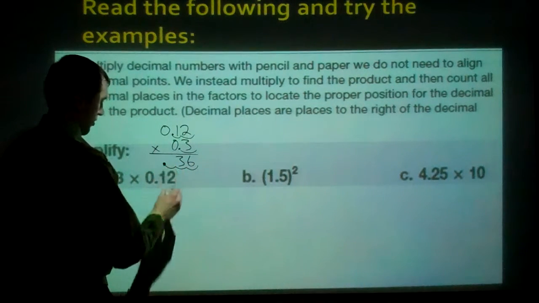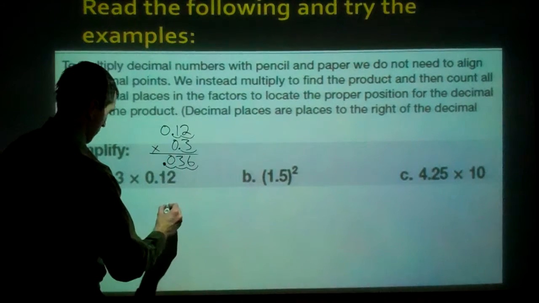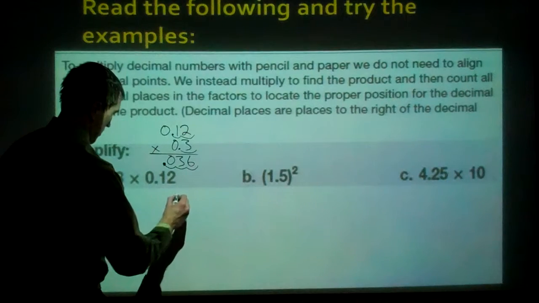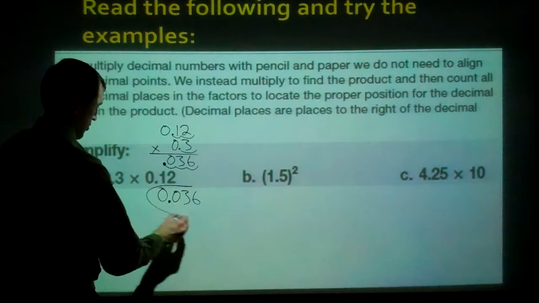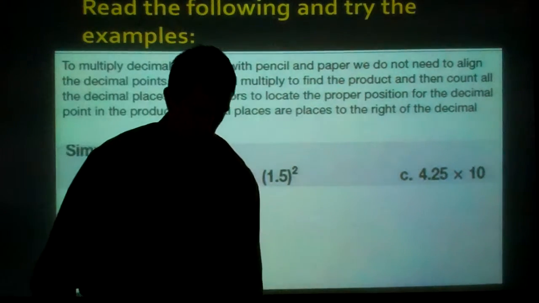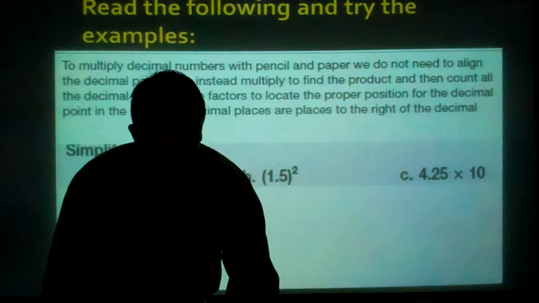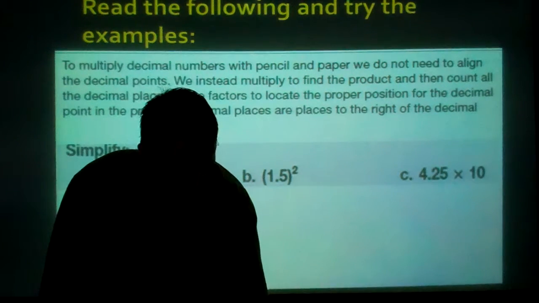Your decimal point will go here, and then we fill this one with a 0. So this should be 0.036. If you want to add a 0 there too, you can. So you have to count how many spaces you move your decimal point in order to figure out where it will be afterwards.